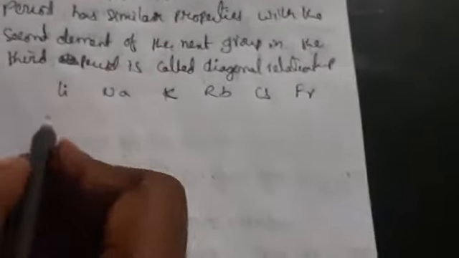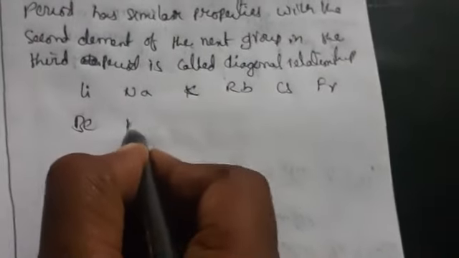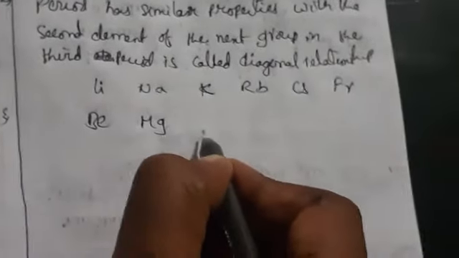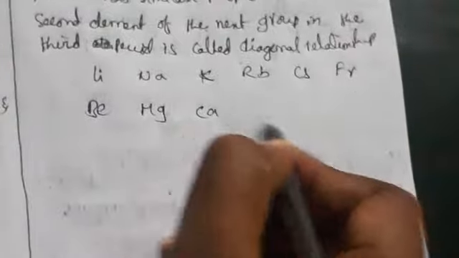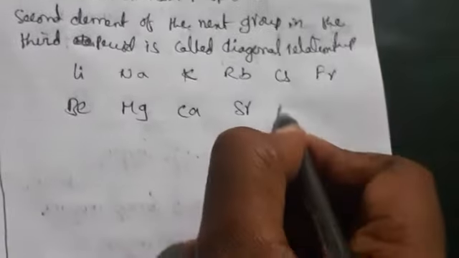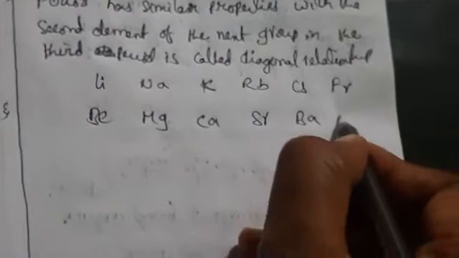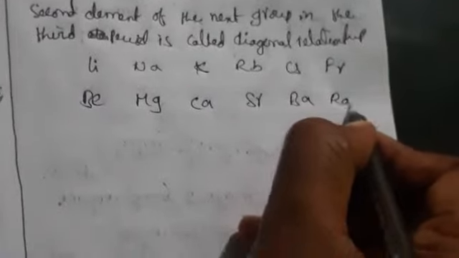And here, beryllium, magnesium, calcium, strontium, barium, and radium. So this is one group.